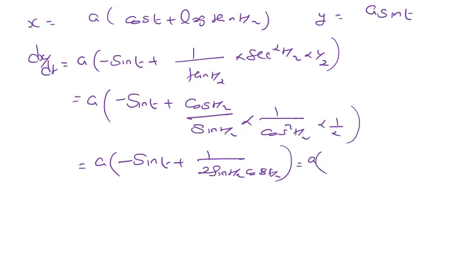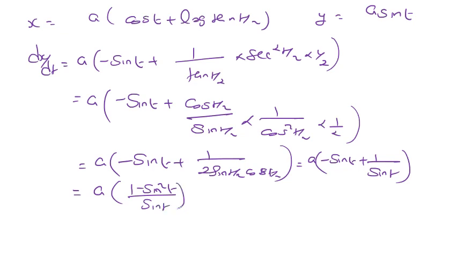So a into minus sin t plus 1 by 2 sin t by 2 cos t by 2, so a into minus sin t plus 1 by sin t. So it is a into 1 minus sin squared t by sin t. 1 minus sin squared t is cos squared t, so a cos squared t by sin t. So this is our dx by dt. What is dy by dt? a into sin t derivative is cos t.